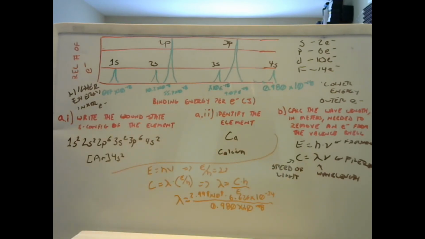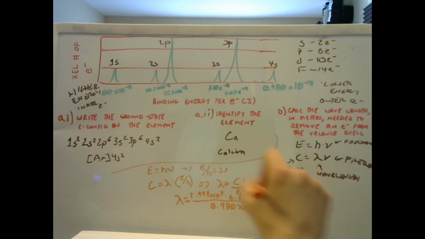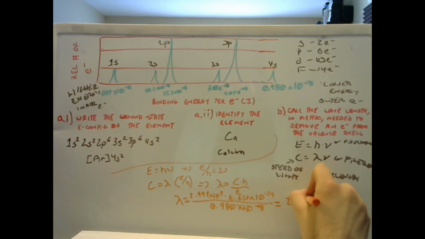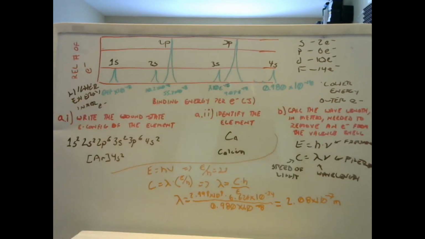If ever there's a problem where you need your parentheses, this is it. Please make sure you use your parentheses appropriately. Divide by this entire quantity. If you do all your math very, very carefully, you should get your wavelength equals 2.08 times 10 to the negative 7th meters. And there we go.